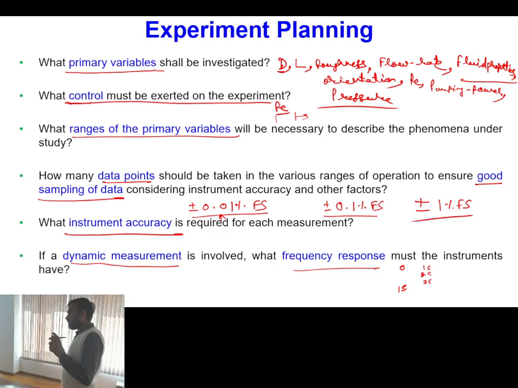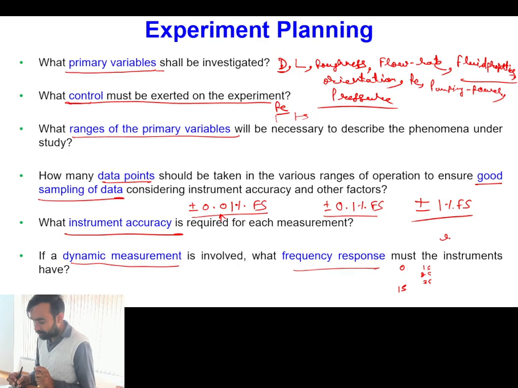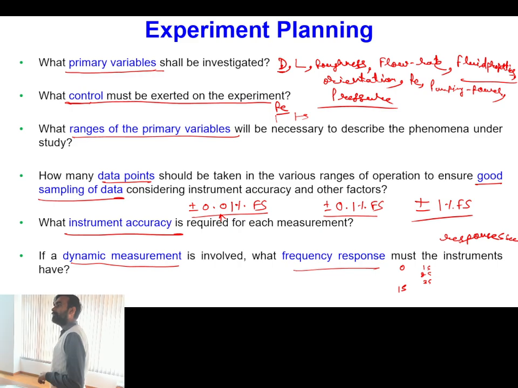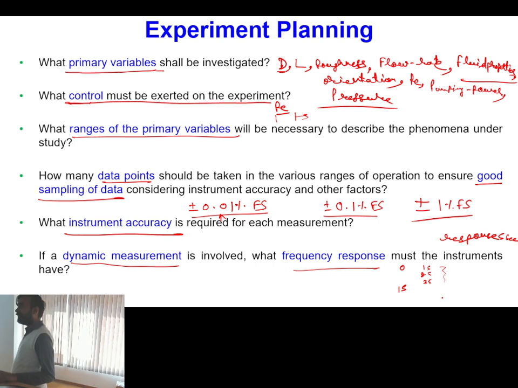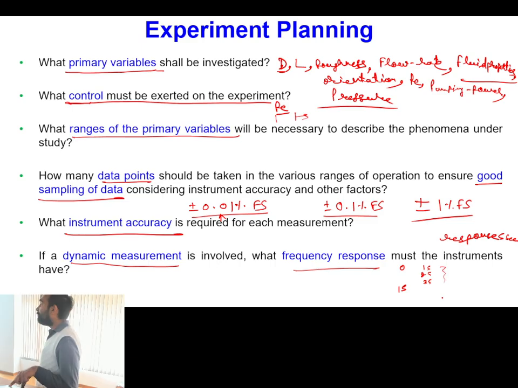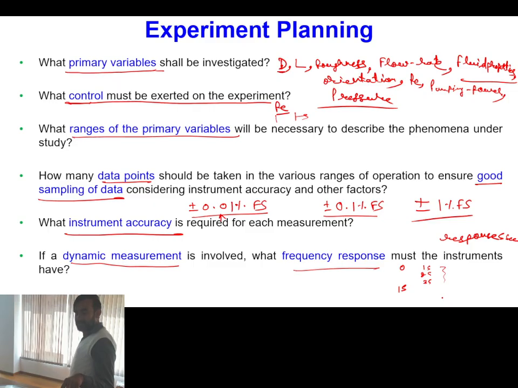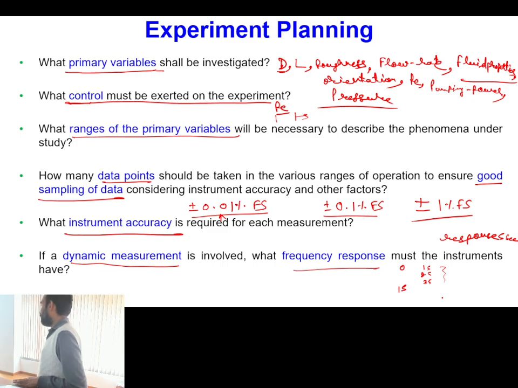Then if the response time of the transducer is 5 seconds, for all the values of 1, 2, 3, 4, 5 it will be giving a single value. So the response time of the sensor should be selected such that it is less than the requirement of the dynamic measurement.